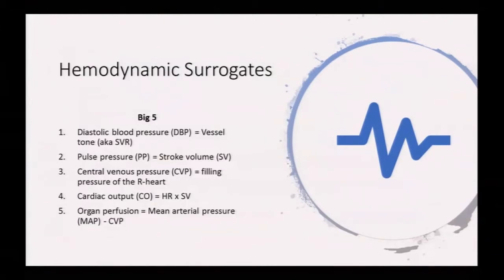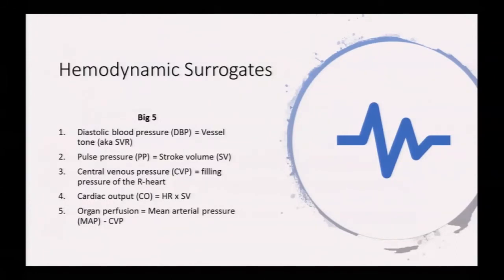Your pulse pressure, the difference between the systolic and the diastolic, is normally about 40: 120 minus 80. Your pulse pressure is a surrogate for your stroke volume, or the contractility of the left ventricle. Really low? Something's not right with the pump. Really high? Something's probably not right with the pipes.